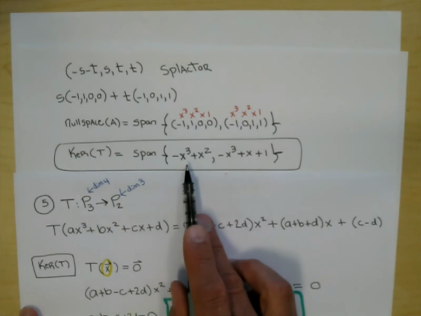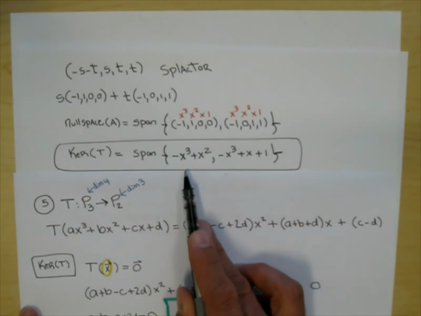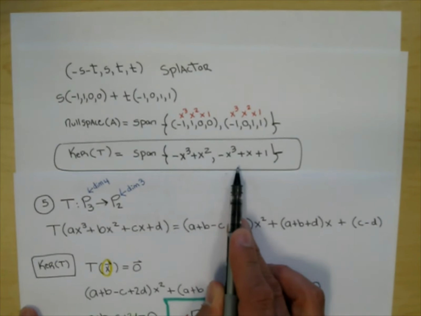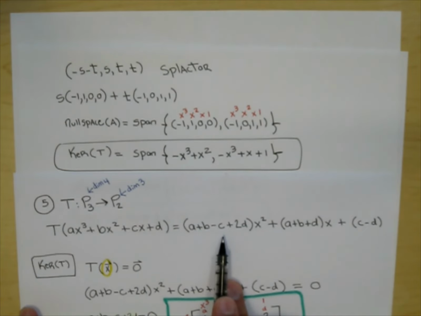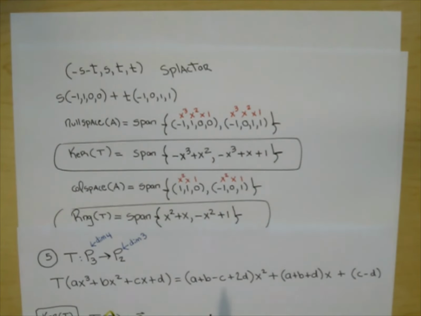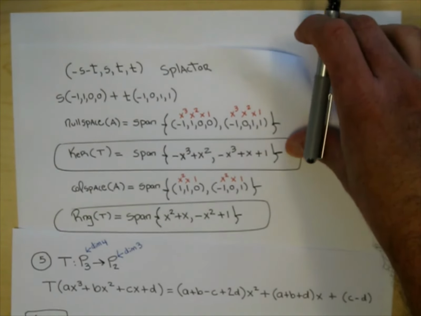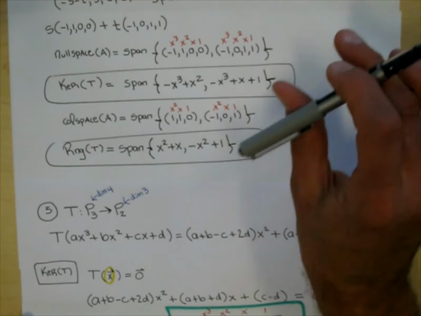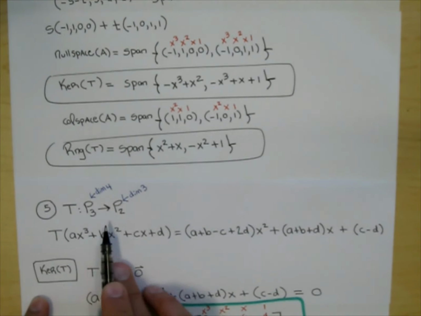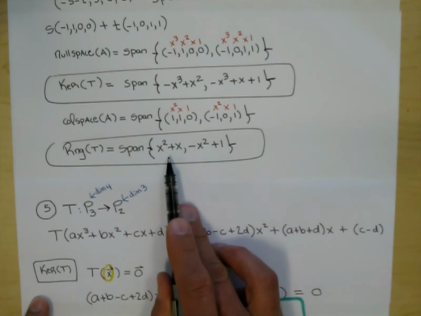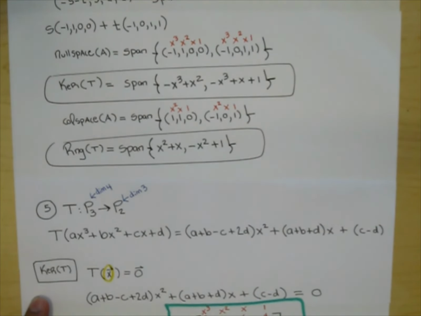But here's the cool part about this. If you take any linear combination of these two polynomials and write out that polynomial and then put it in this linear transformation, guess what? It equals 0. The range just tells us all the polynomials that come out of the linear transformation. So you can plug all polynomials in there. Any polynomial that comes out the other side is going to be a linear combination of those two polynomials. So that's what the range is.